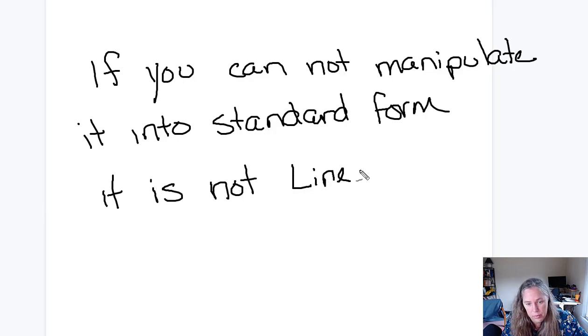And next week, we're going to start talking about what it means to be not linear. But for now, you just need to know if you can't manipulate it into standard form, it's not linear.